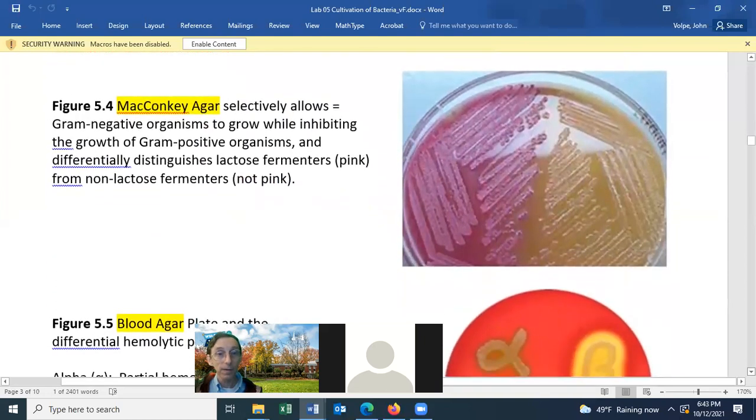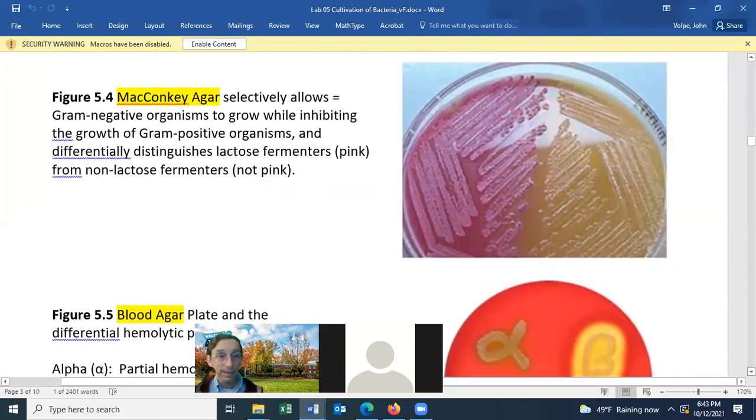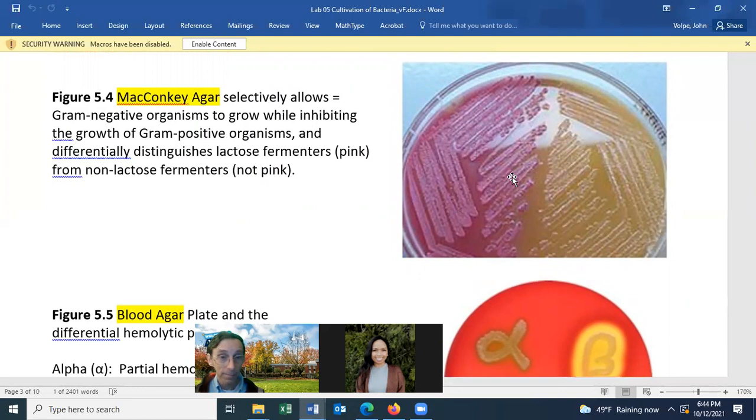All right, here we're saying McConkey's agar. It is selective in that gram negatives can grow on McConkey's agar, meaning it has chemicals in it that prevent the growth of gram positive organisms. It also has the sugar lactose in it and a pH indicator.